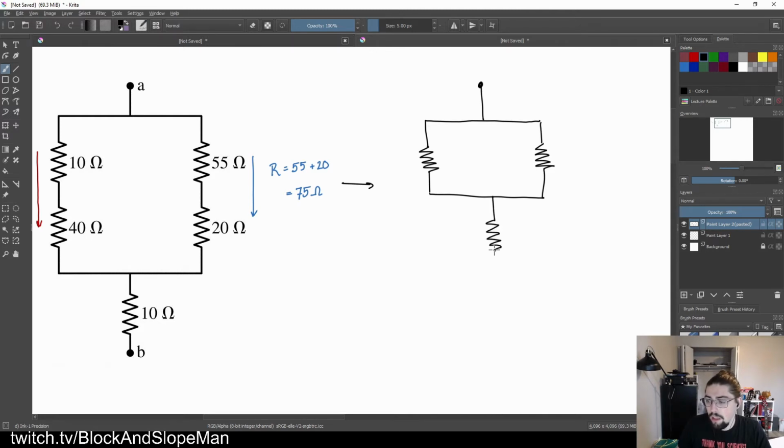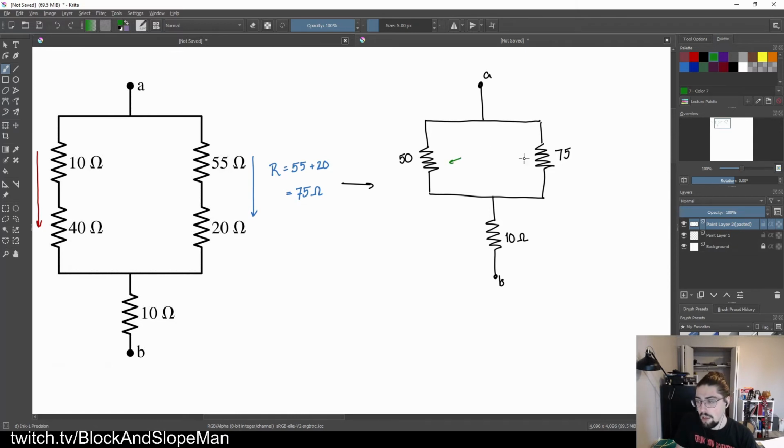So we didn't do anything to this 10 at the bottom, but we still have our point A, our point B. We've still got our 10 ohm resistor. But now, on each side, we've got 50 and 75. So now, I can't combine anything in series yet because I have these branching paths. What I'm going to have to do is collapse these 2 that are in parallel.